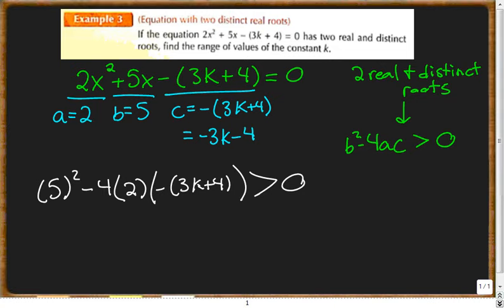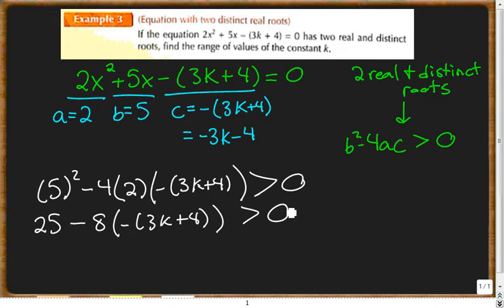So now we want to continue to simplify. 5 squared is 25. This makes negative 8, and we're multiplying that by negative the quantity 3k plus 4. Well, these negatives are going to cancel to make a positive. So 25 plus 8 times the quantity 3k plus 4 is greater than 0.